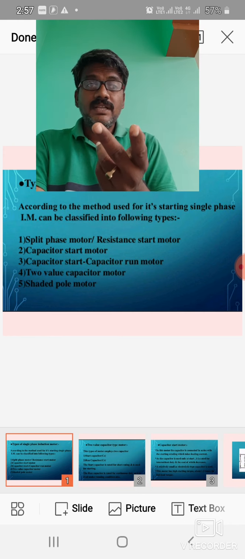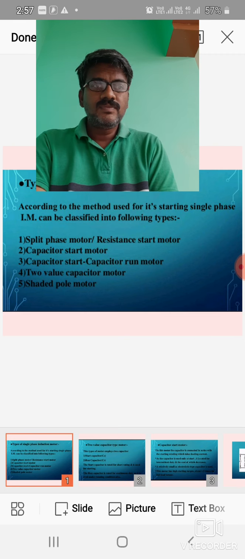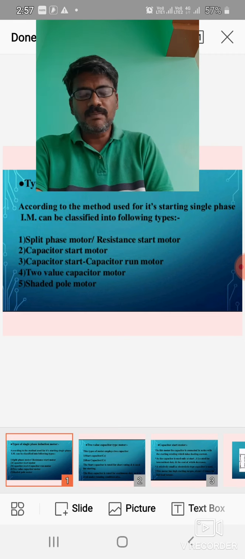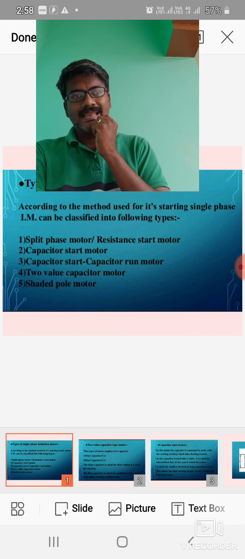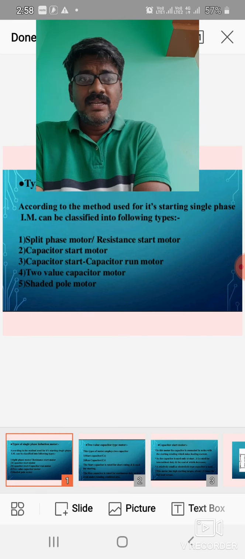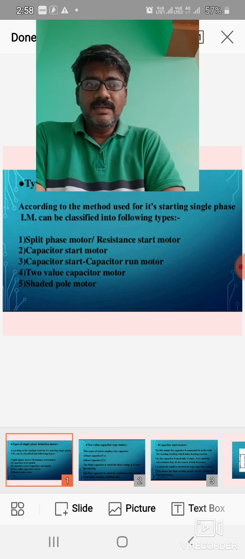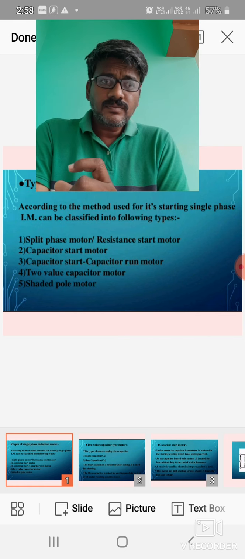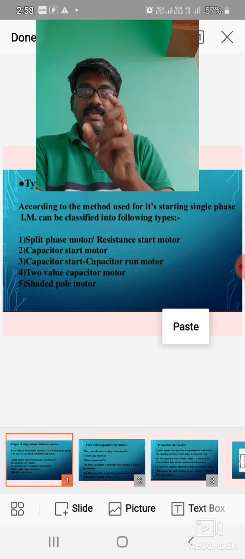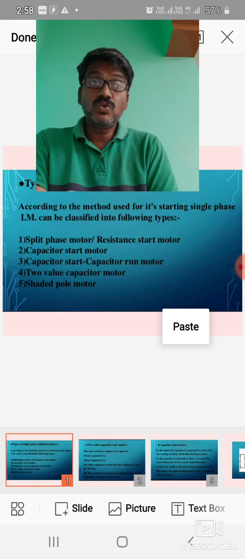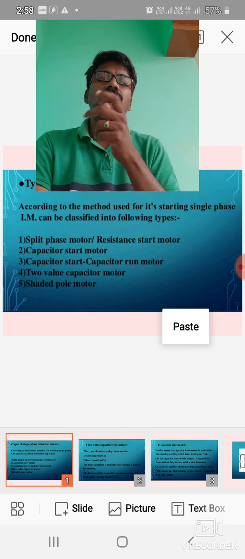For a two phase winding or a three phase winding, if you provide two phase or three phase supply, we get a rotating magnetic field, right? Two phase supply is very difficult, so we will convert a single phase motor into a two winding motor or split phase motor.